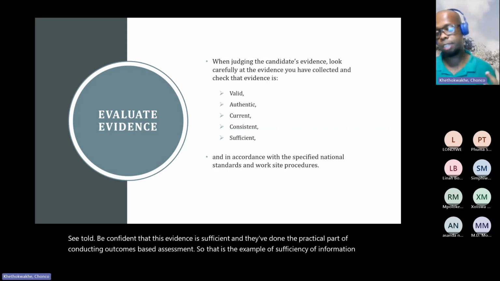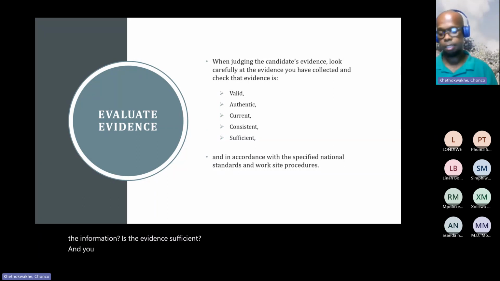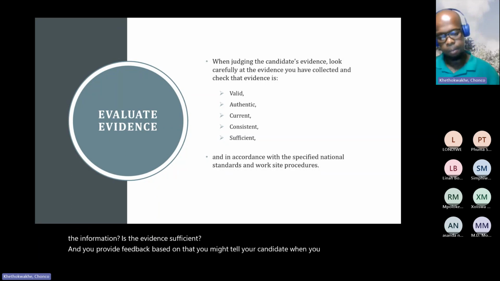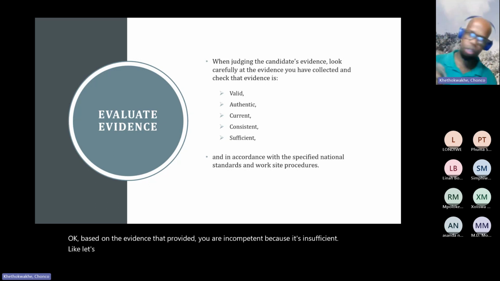Is the evidence sufficient? And then you judge and you provide feedback based on that. You might tell your candidate when you are the assessor that, okay, based on the evidence you've provided, you are not yet competent because it is insufficient. Let's say you submit the workbook and you don't submit the summative, and you submit your practical.